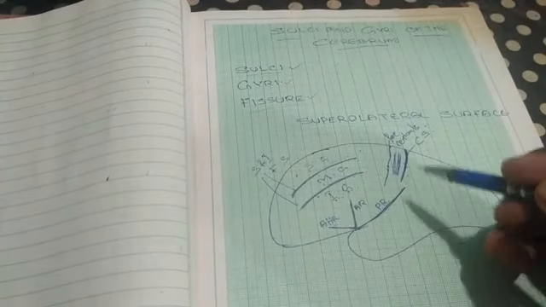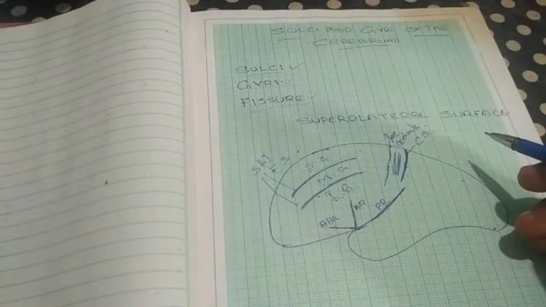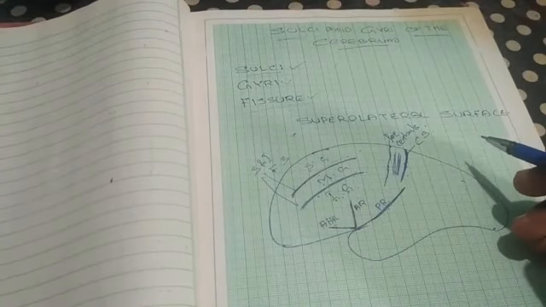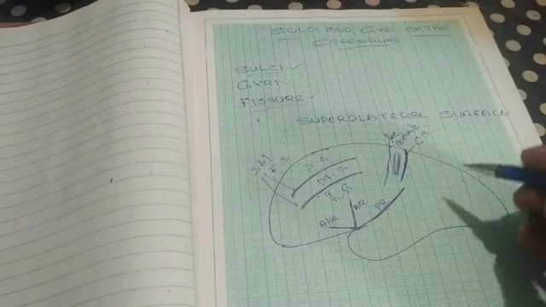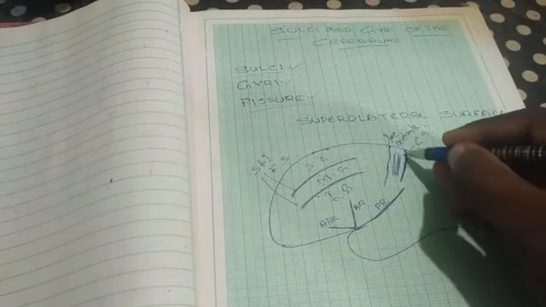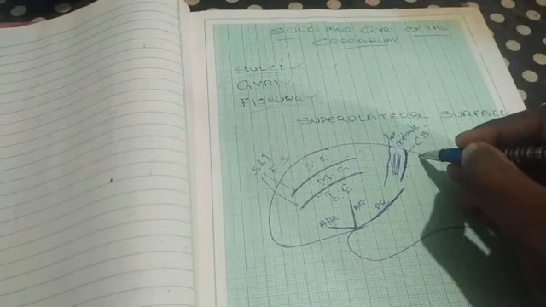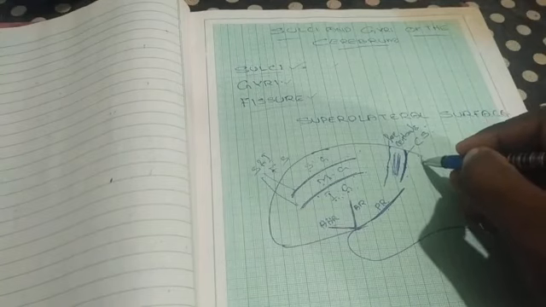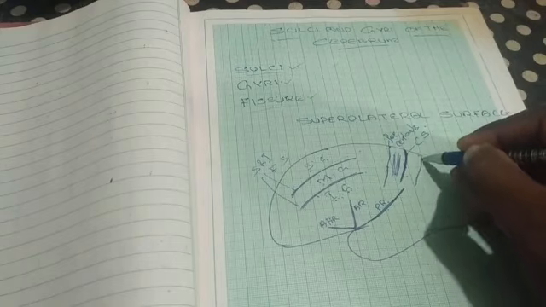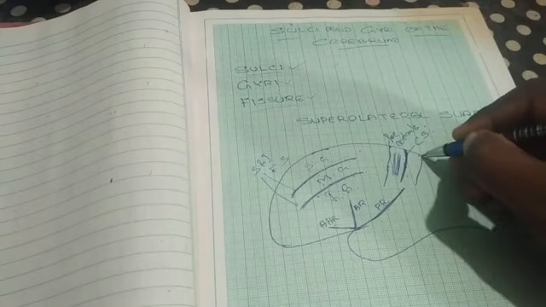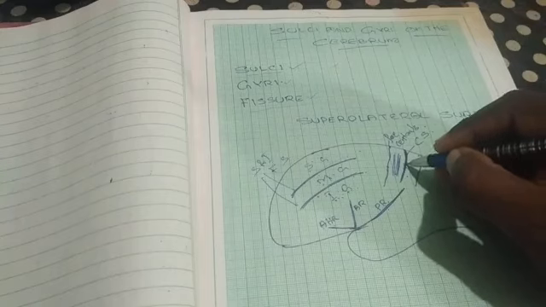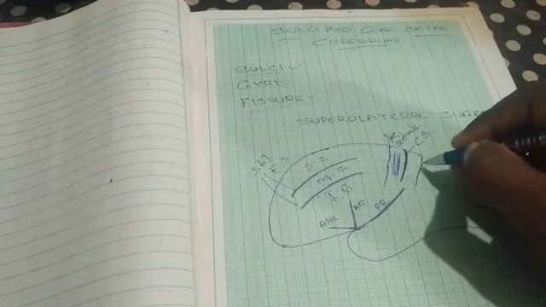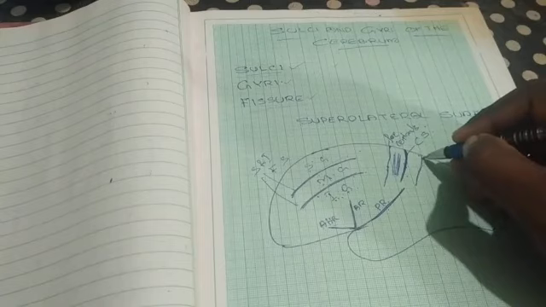Then we are going to learn about the sulci and gyri present on the parietal lobe. A sulcus on the parietal lobe runs downwards, just behind and parallel to the central sulcus.